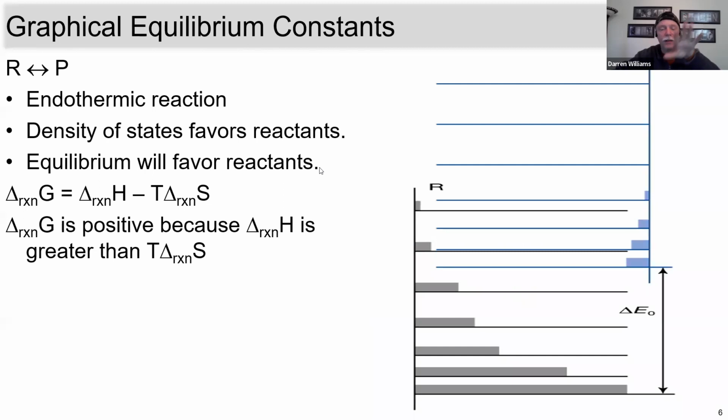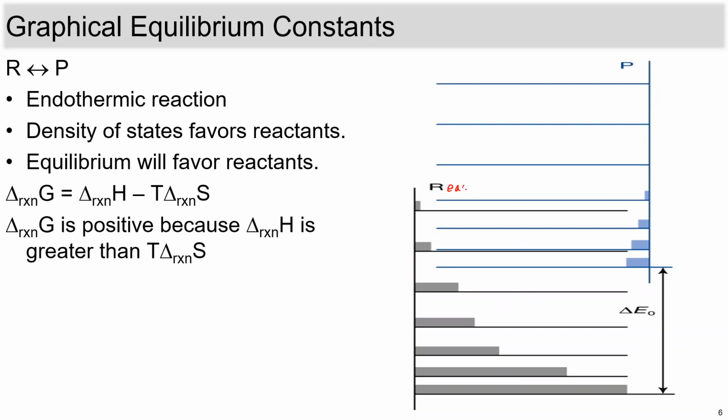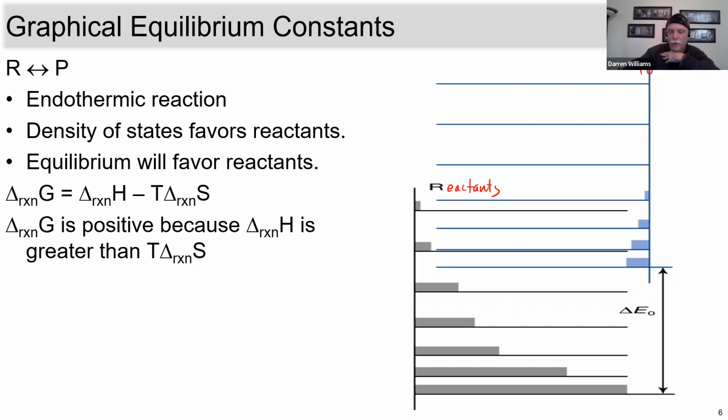Now let's put these systems together. So here's an example of an endothermic reaction. So we have R for reactants and P for products. But the neat thing about nature is it really doesn't know what a reactant is or what a product is. It just knows about the quantum states.